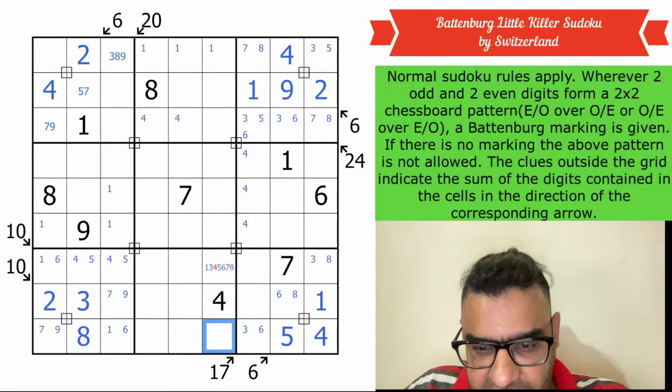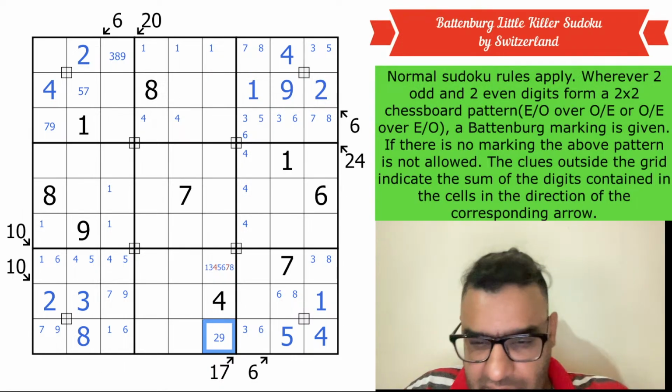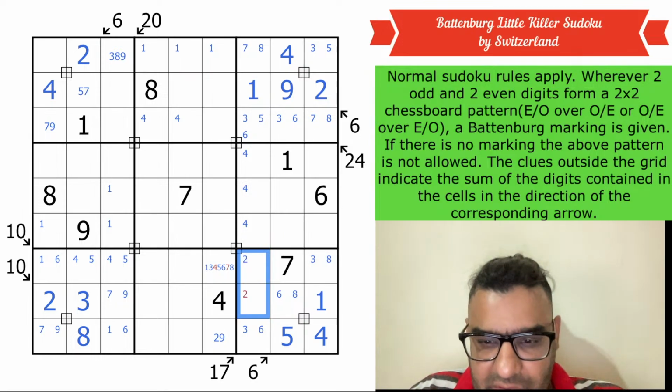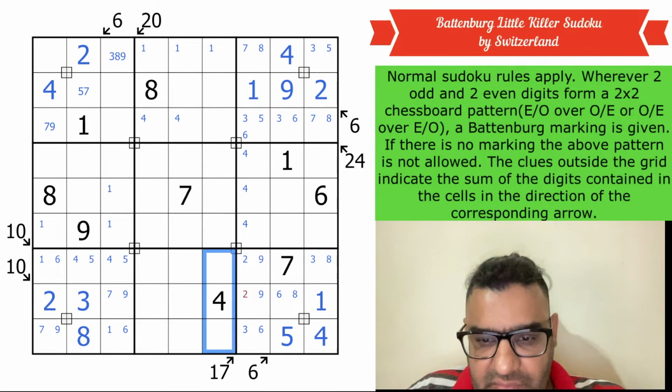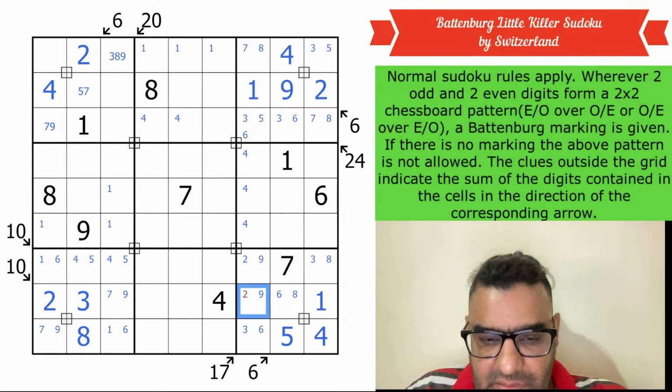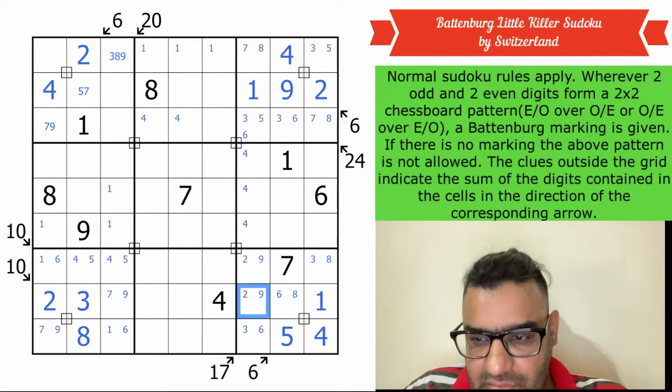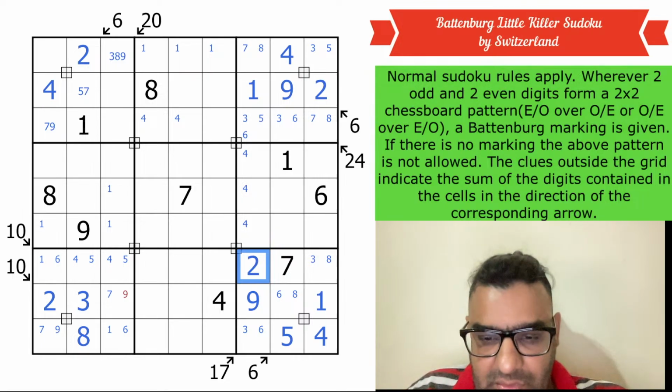So the numbers left are 2 and 9. So we know these two numbers are going to be 2 and 9. Okay, we know that this cannot be a 2, so this is going to be a 9, this is going to be a 2.